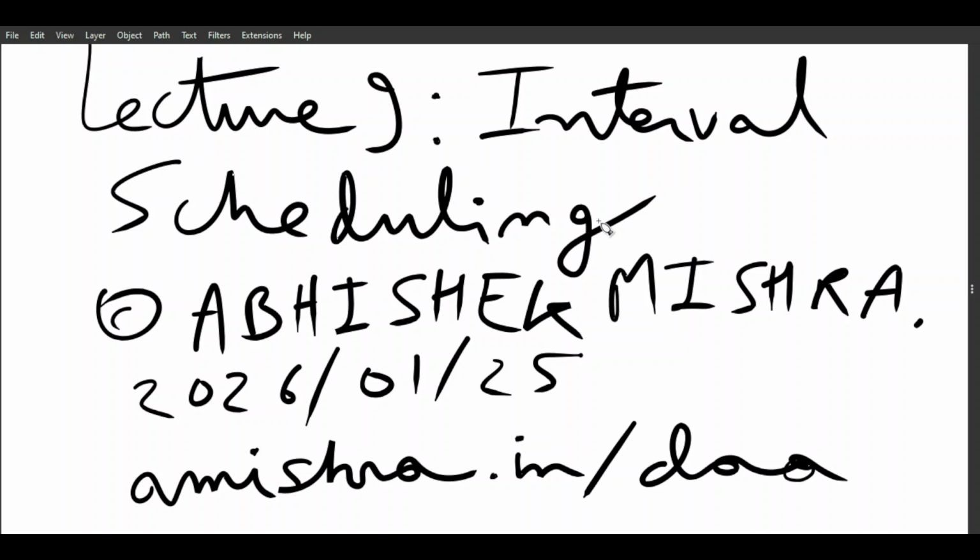First was for the fractional knapsack problem, second for Huffman encoding, and this is the third. In each case our observation is that the algorithms are very simple and their time complexity is also very low. For fractional knapsack, Huffman encoding, and this problem also, time complexity will be only n log n.